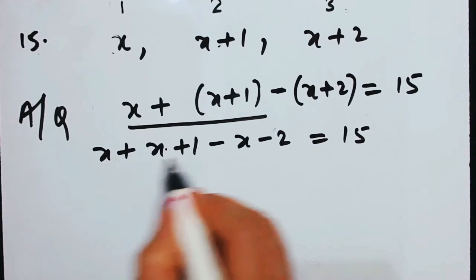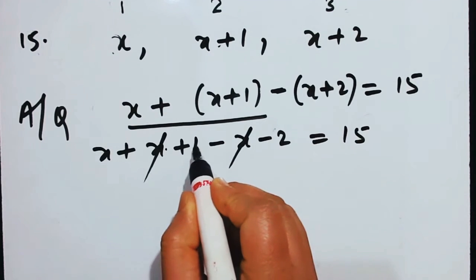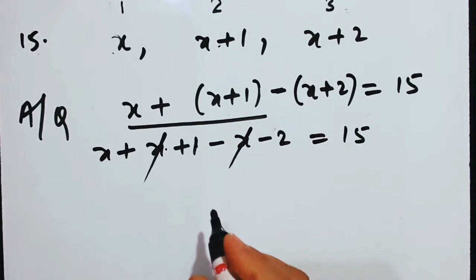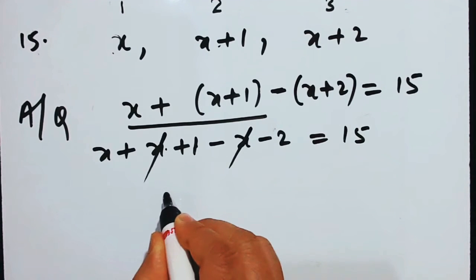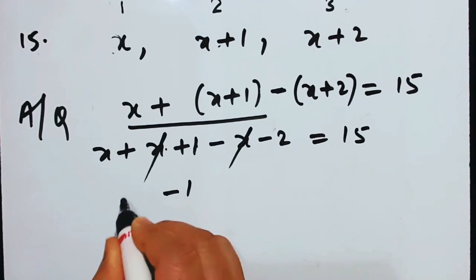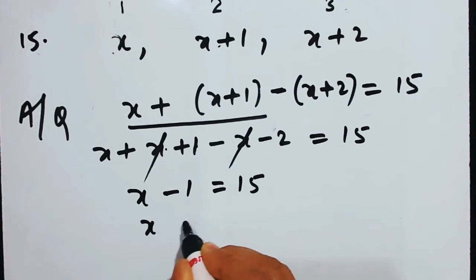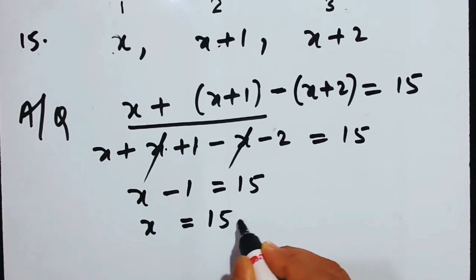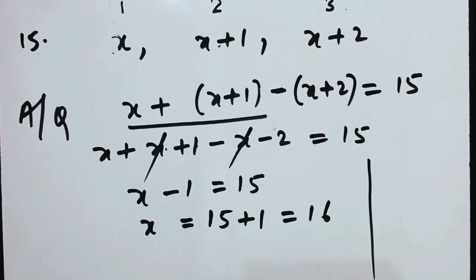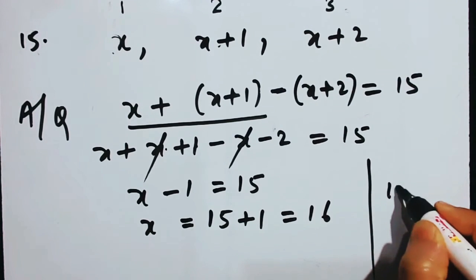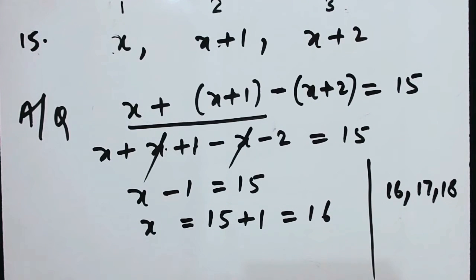Here X minus X plus X gets cancelled out, and plus 1 minus 2 gives minus 1. So X minus 1 is equal to 15, or X is equal to 15 plus 1, which is 16. So the natural numbers are 16, 17 and 18. Simple. Clear?